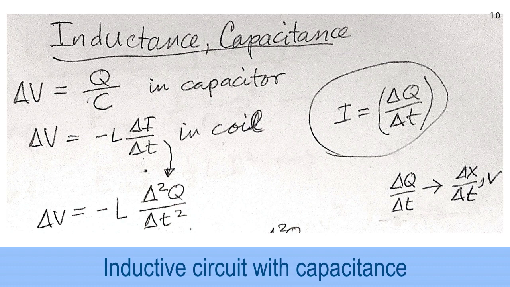We're just going to look at these two guys unopposed by a resistance. So let's just look at the loop equation. No battery, 0 equals 1 over C times Q of T minus L times delta squared Q over delta T squared.